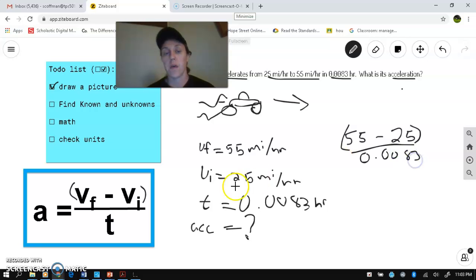0.0083. Now, I am not going to do the true math behind this, so this is going to be backwards. So 55 subtract 25, enter.